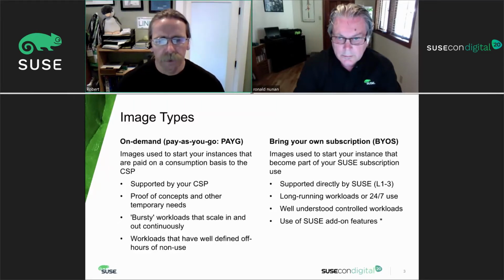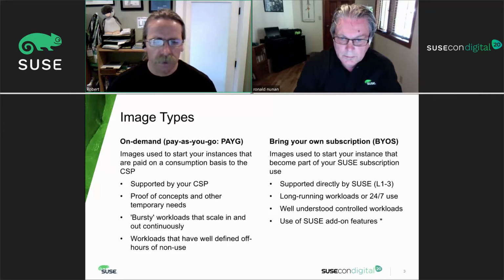On-demand is a little different in that instances started from on-demand images automatically register themselves with an update infrastructure that is operated and run by SUSE in the public cloud team. We have over 200 servers running in the update infrastructure.